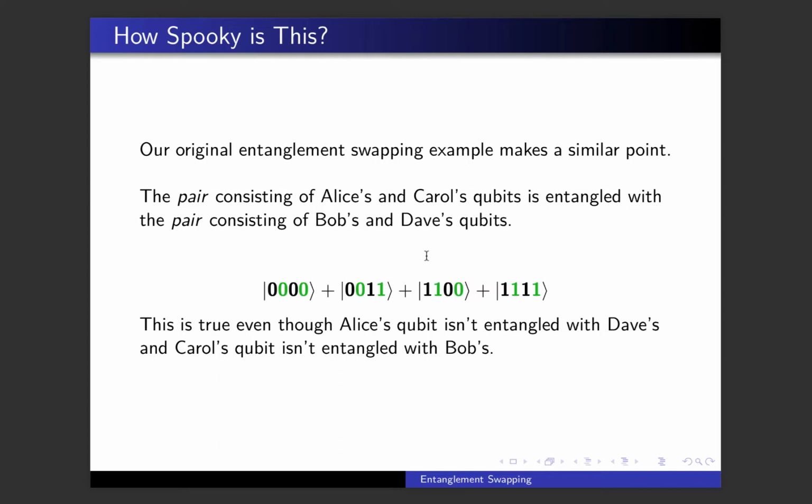It's because of the entanglement between the Alice-Carol pair and the Bob and Dave pair. And that means that in a certain sense, there really isn't anything here that's so very different from what happens when you just have a pair of entangled systems in general. We know that when you have a pair of entangled systems and you make a measurement on one, that will have consequences for the other, depending on what you measure and what the result of that measurement was.